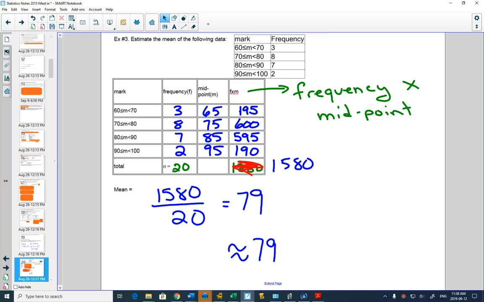We're estimating the mean. Why do we have the squiggle brackets? Because we're assuming by choosing the midpoint that it's perfectly stretched out. If all 3 of those people between 60 and 70 got 68, well, their average actually would be 68, but we're using 65.